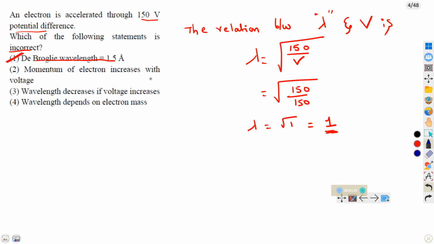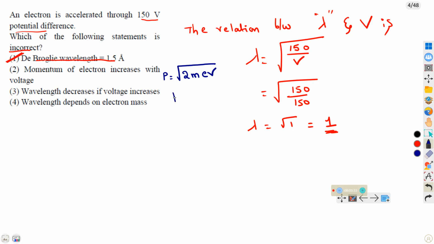Momentum of the electron increases with voltage. Momentum P according to de Broglie equals square root of 2 m eV, so momentum is directly proportional to the square root of potential. Wavelength decreases if voltage increases.